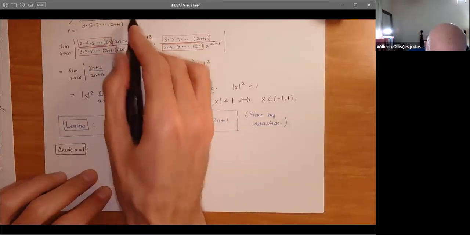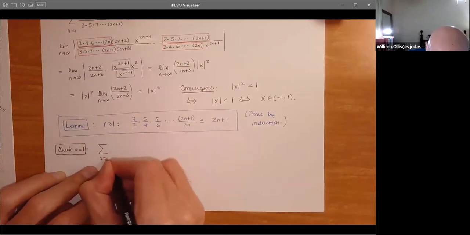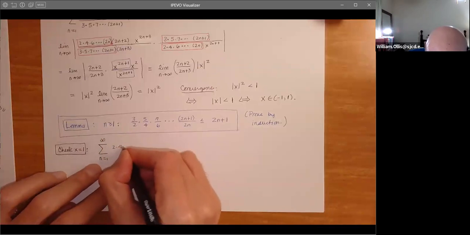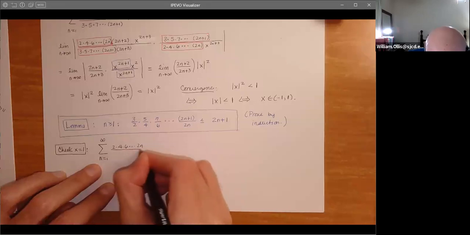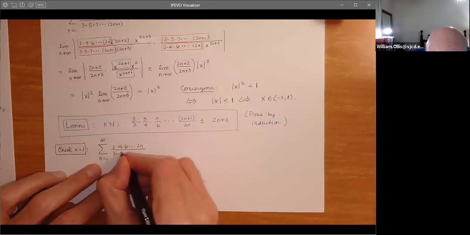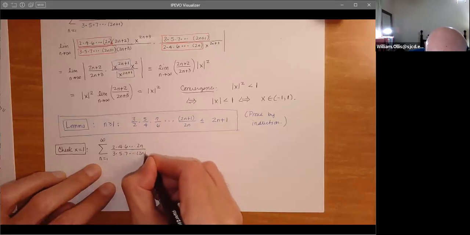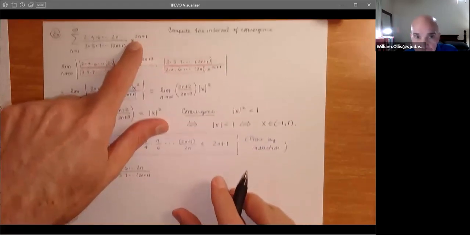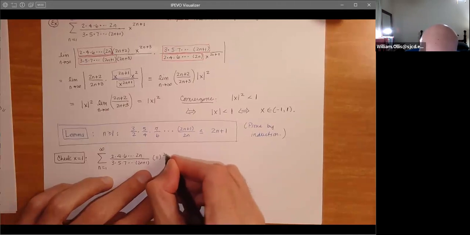So now when we go up here, we've got what? n equals 1 to infinity, then we have 2, 4, 6, 2n, and then 3, 5, 7, 2n plus 1. And then, of course, if we replace x with 1, we just get 1 to the 2n plus 1.